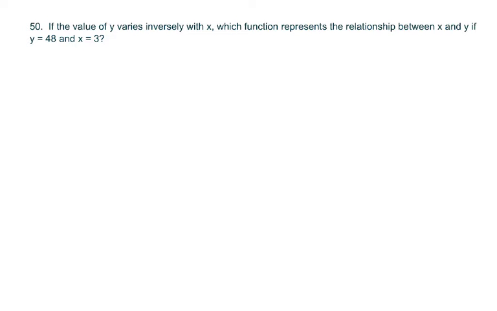And 50 says if the value of y varies inversely with k. This means that it's inversely. You need to know that. Is that on your formula sheet? I don't know. Anyway, if it said directly, this is inversely.